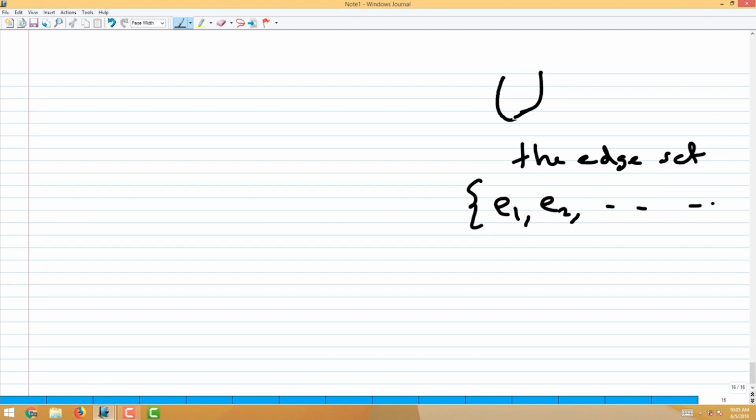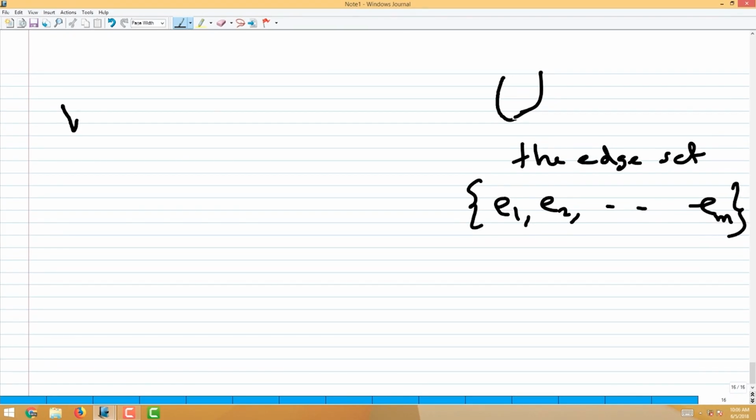Namely, take the universe U as the edge set of the graph. If there are m edges, I can write it as E1, E2, up to Em.